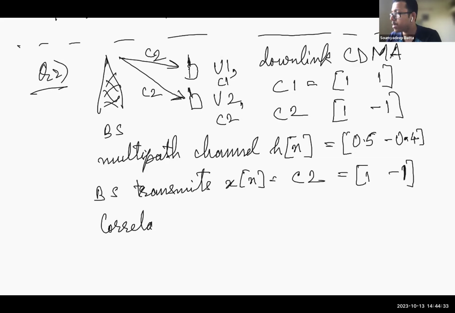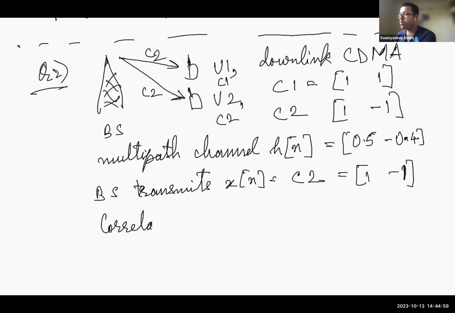This N is typically, for linear convolution, N1 plus N2 minus 1, where N1 is the length of the first sequence. So x[n] is of length 2, so N1 is equal to 2. And N2, h[n], is also equal to 2. So this is 2 plus 2 minus 1, which is 3.